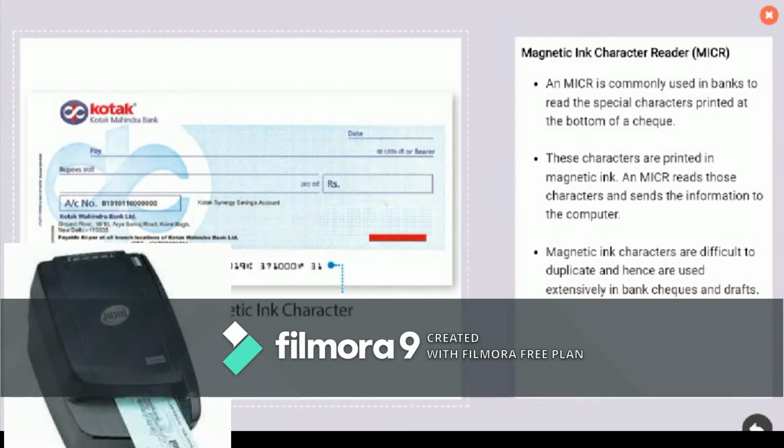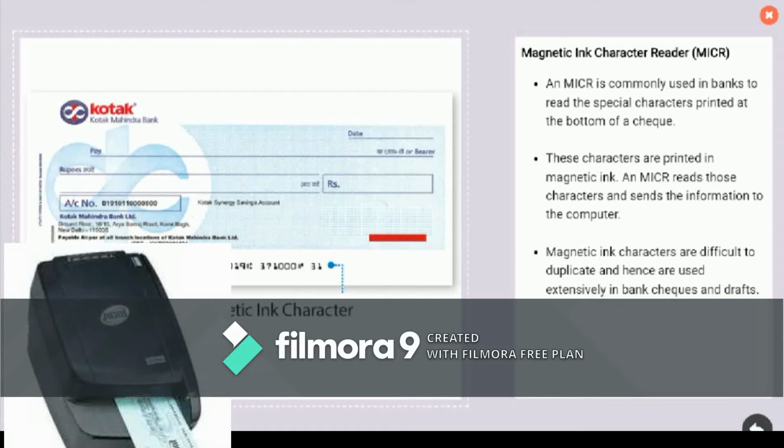An MICR, that is the short form of magnetic ink character reader, is commonly used in banks to read the special characters printed at the bottom of the check. You can see the magnetic ink character at the bottom of the check. So in order to read that, we can use magnetic ink character reader.